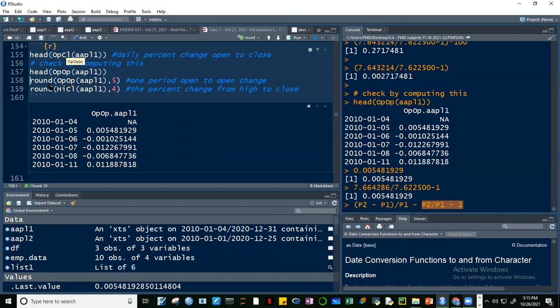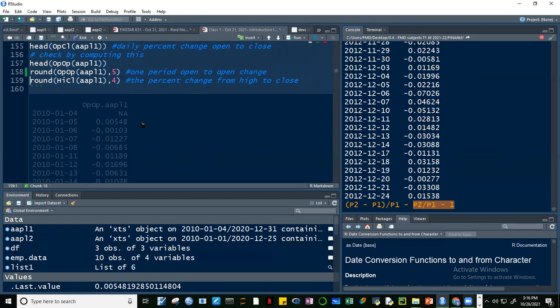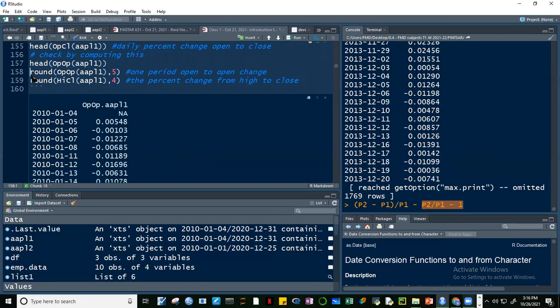In this case, guys, we just use the round function. The round function is useful because here there are so many decimal places. If you just want 5 decimal places, you just use the round function, and then comma, the number of decimal places you want the answer to be. So this one, run that. I'm sorry. It gave us everything.